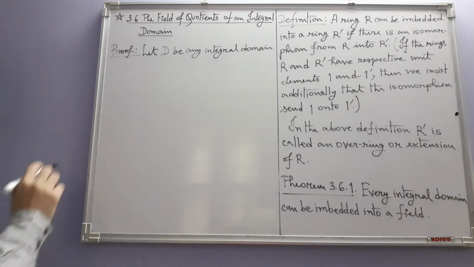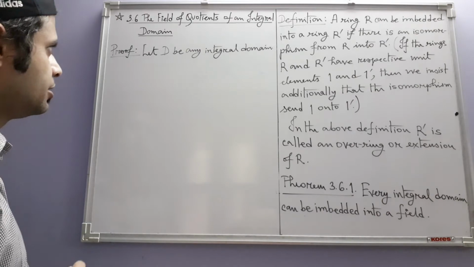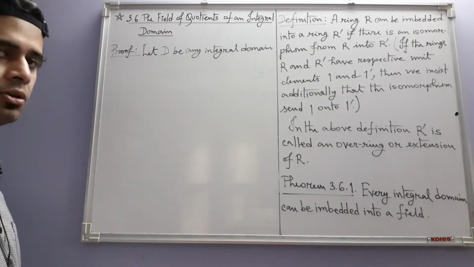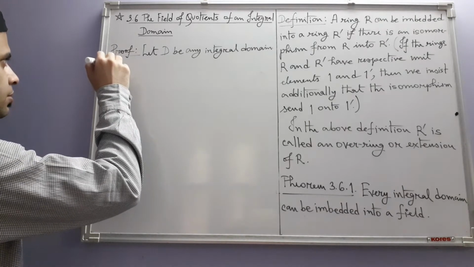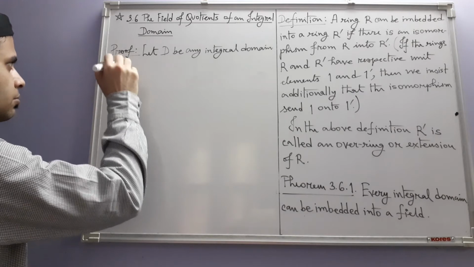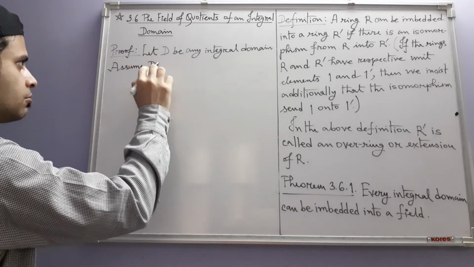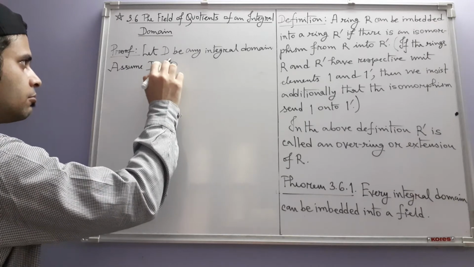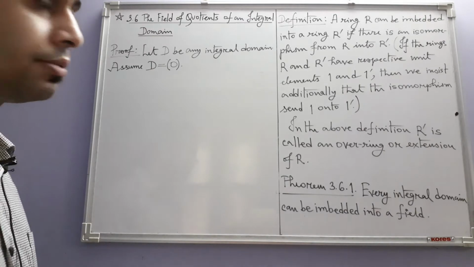Now let us first dispose of the trivial case, namely the case where D is the zero ring. That is also an integral domain. Okay, assume D is equal to 0. So D has exactly one element.